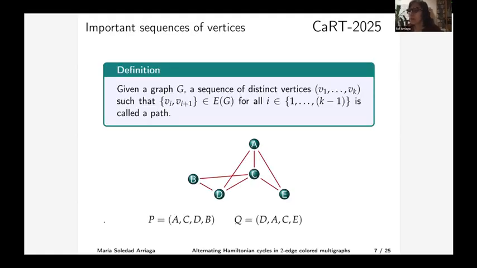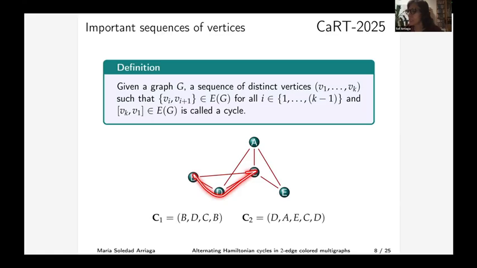Okay, recall that a path in a graph is a sequence of distinct vertices, v1 to vk, where every pair of consecutive vertices is an edge of G, like this or this. If we add the condition that there's also an edge between the first and the last vertex of the sequence, we have a cycle, like these cycles.